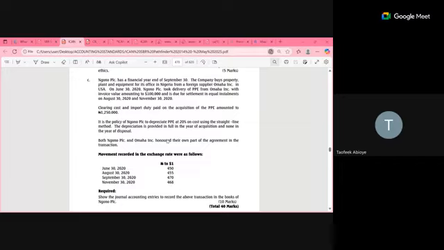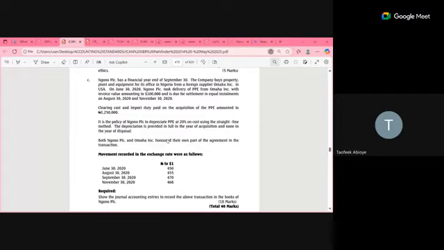So Ngono PLC has to pay 50,000 on August 30 and 50,000 on November 30.